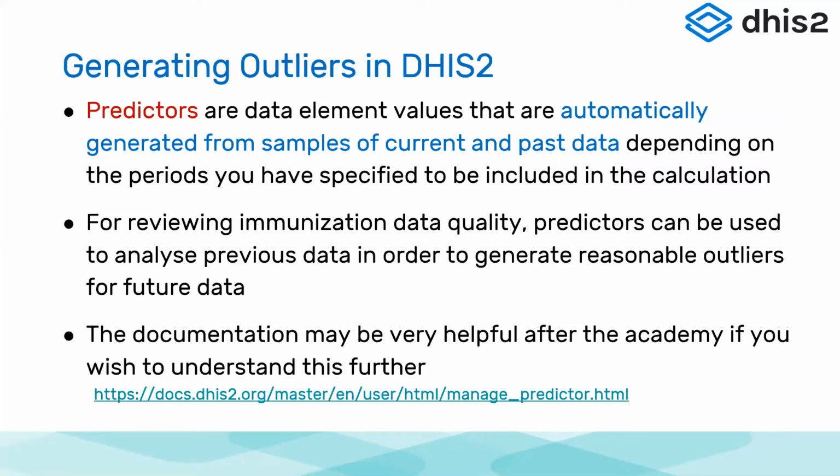After this session, when you have leisure time, you can go to this link. It refers to the DHIS2 documentation, and there you can read a lot about predictors. We are not going into deeper details of predictors now.